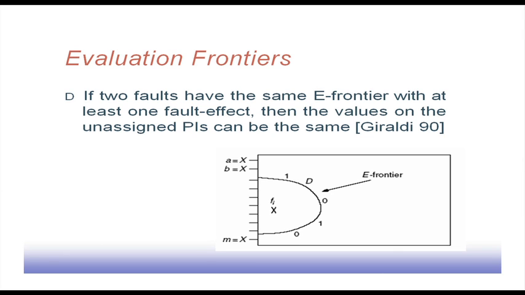If we maintain the list of E frontiers for all the faults that we have processed so far, then whenever we try a new fault and see that its E frontier becomes the same as some previously computed E frontier, we can directly take the input assignment from the first test pattern. That way the process of test generation may be made faster.